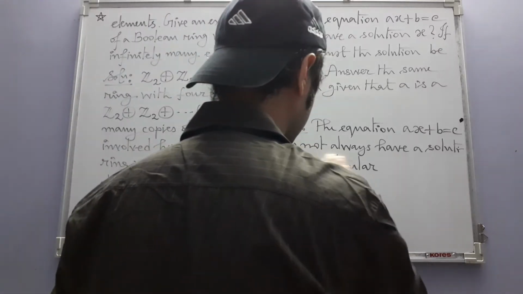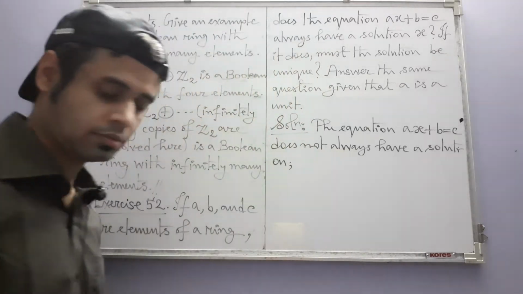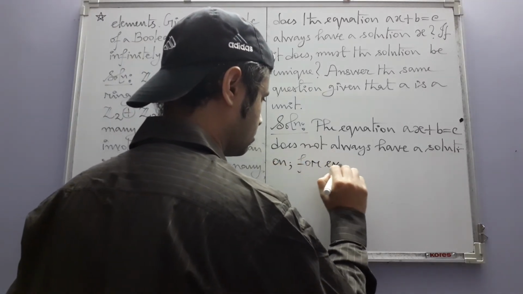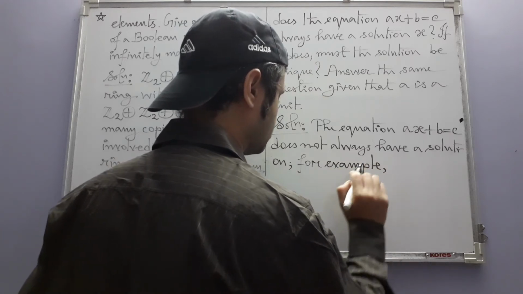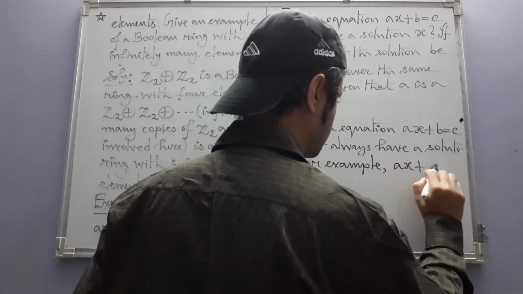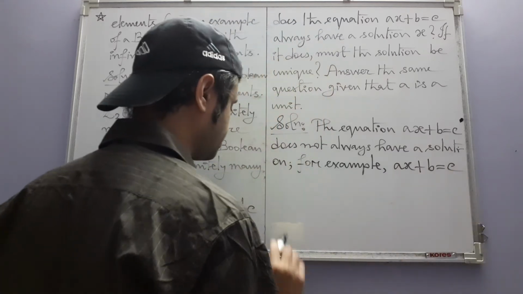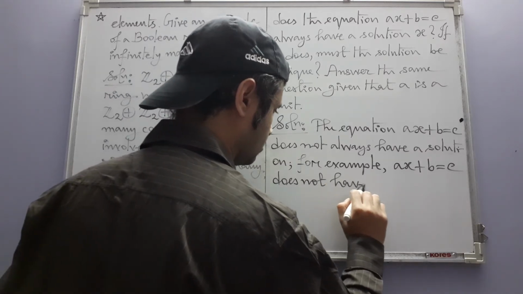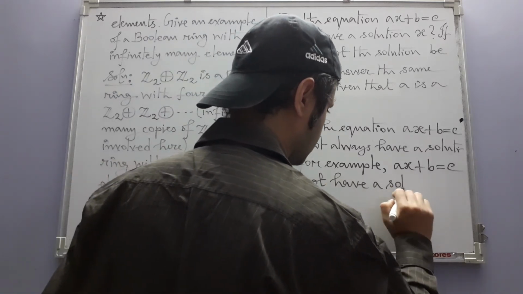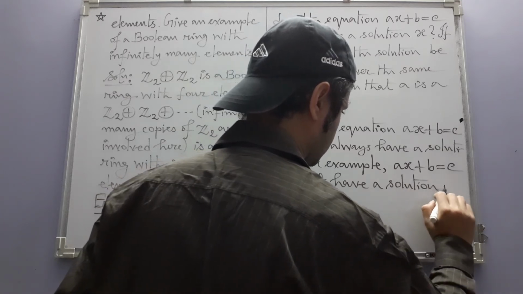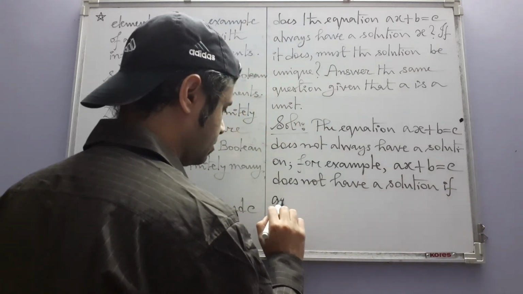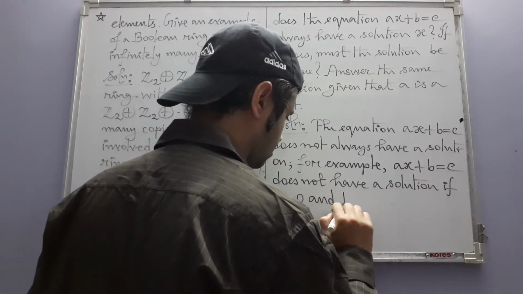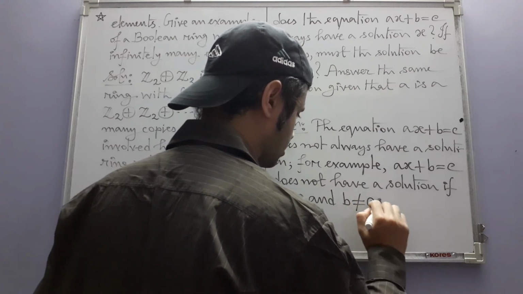For example, ax plus b equal to c does not have a solution if a is equal to 0 and b is not equal to c.